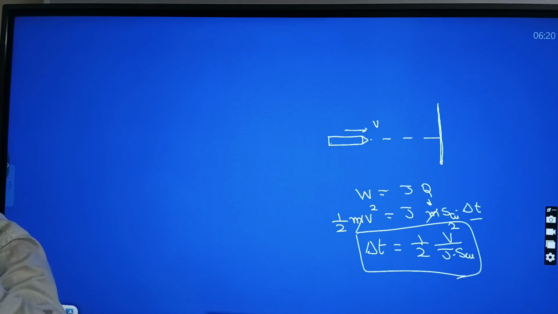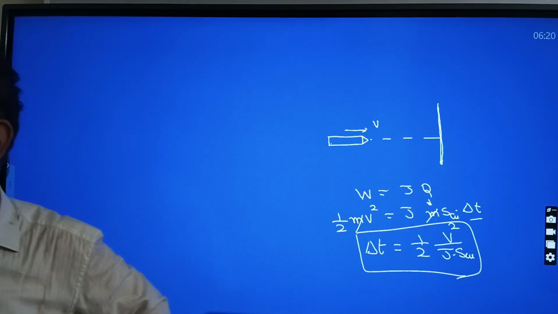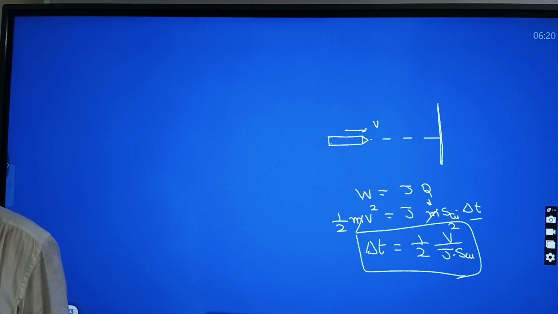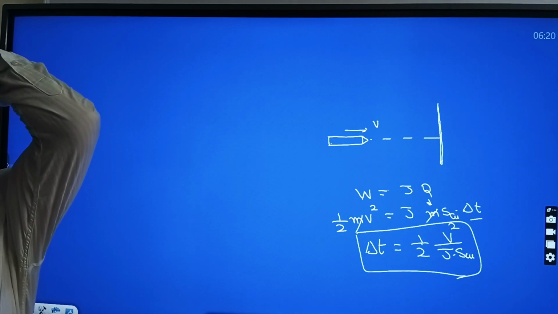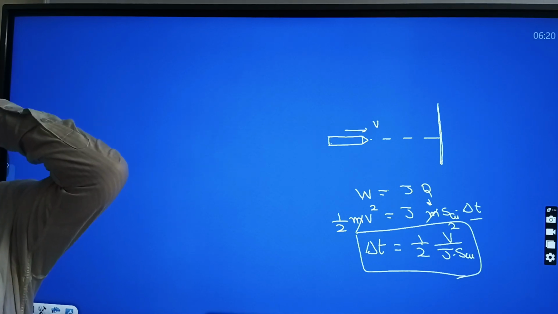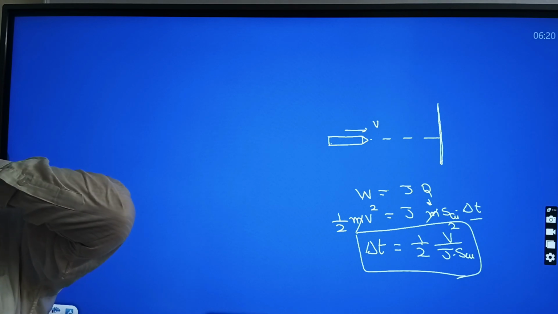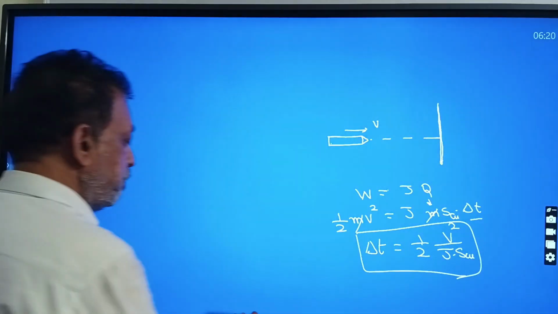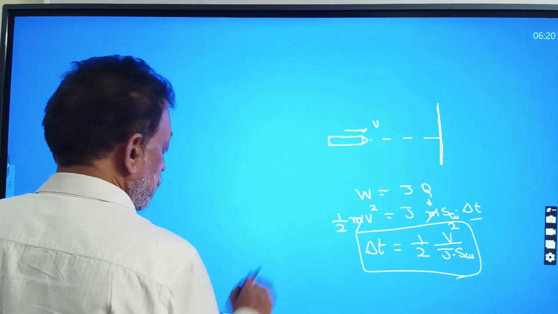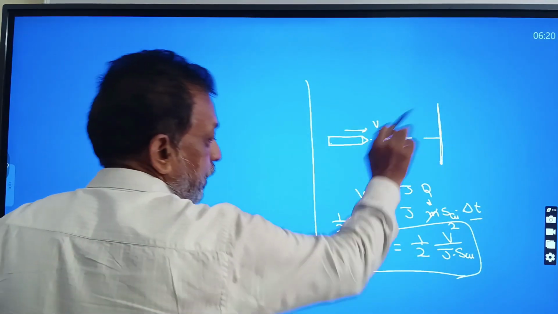Continuation of the above: if the temperature of the bullet rises up to the melting point of the bullet, and the bullet melts, then the bullet here is melted.